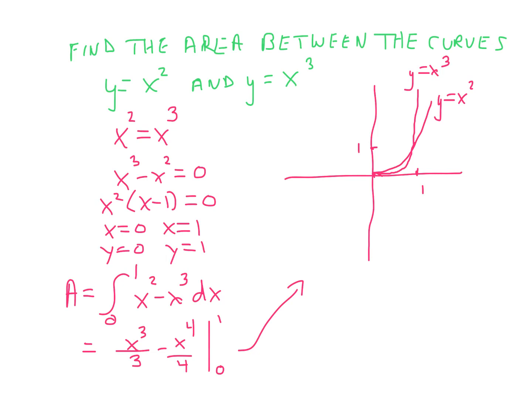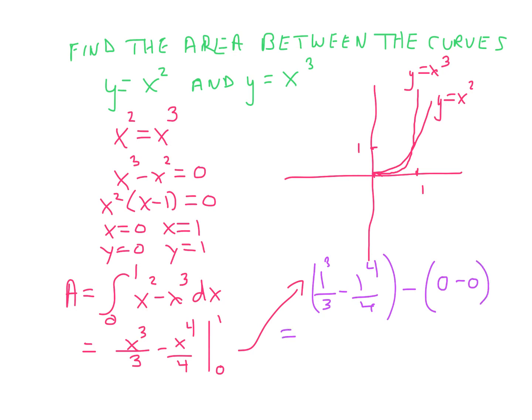Okay, so all we need to do now is take what we got and first sub in 1. So we get 1 cubed over 3 minus 1 to the 4th over 4. I'll put that in a bracket. We'll come back and work that out in a minute. Minus, and now we're going to put in 0 for x, so it's going to give us 0 minus 0 just for the second bracket there.